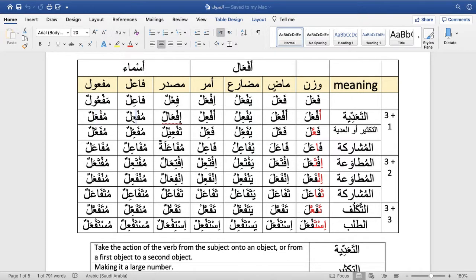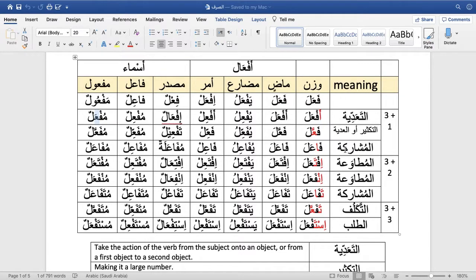So look here. Muf'ilun, mufa'ilun, mufa'ilun, mufta'ilun, munfa'ilun, mutafa'ilun, mutafa'ilun, mustaf'ilun. Whereas for the maf'ul, we see that it's the same word, but it is muf'alun, mufa'alun, mufa'alun, mufta'alun, etc. So again, the only difference is that here the ainul fi'l has a kasra, and in here it has a fatha.